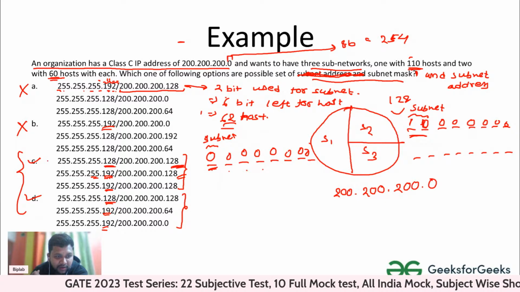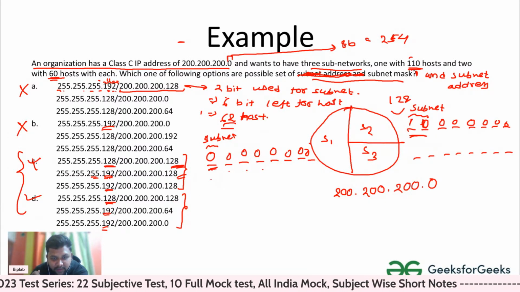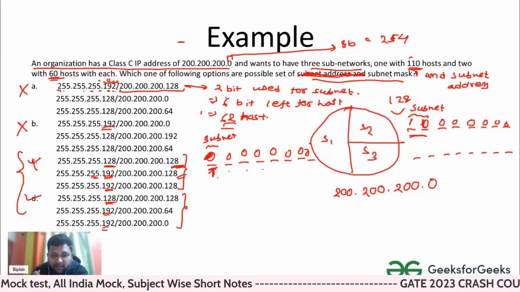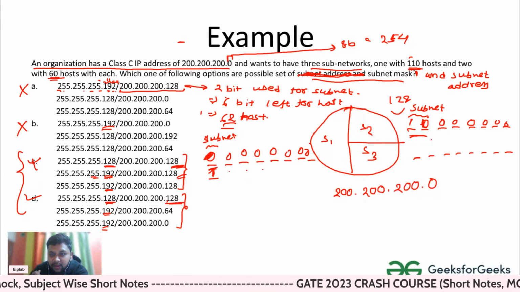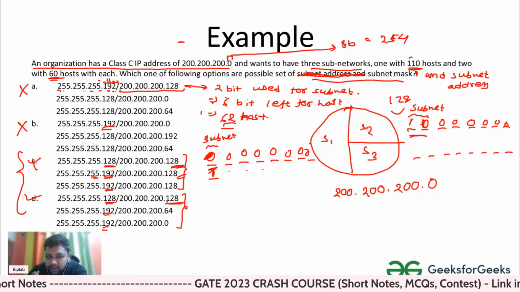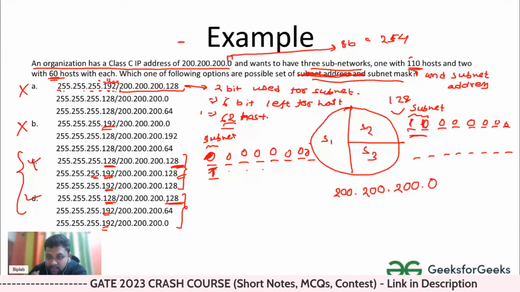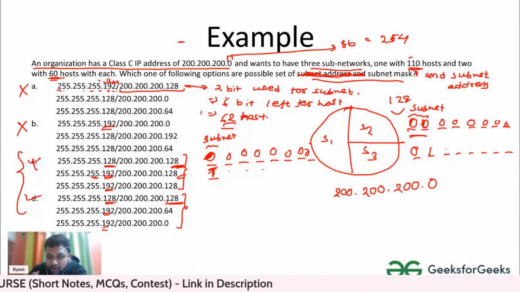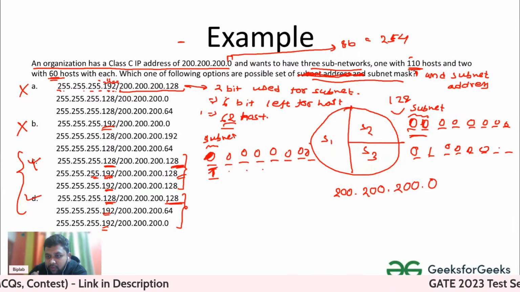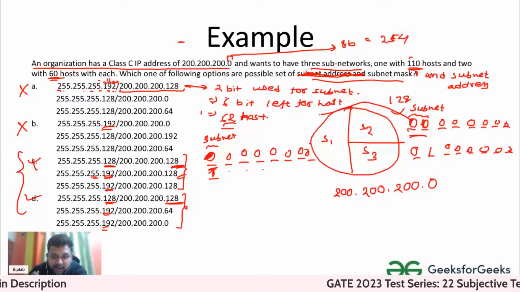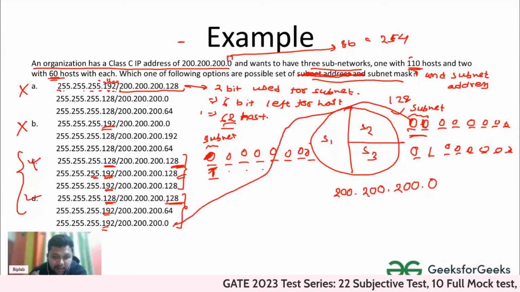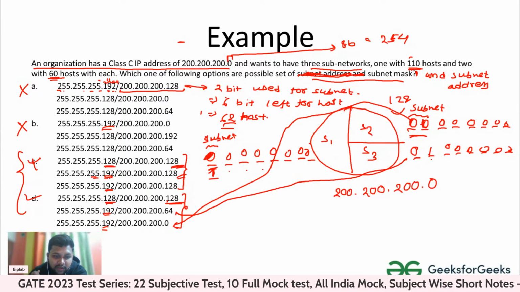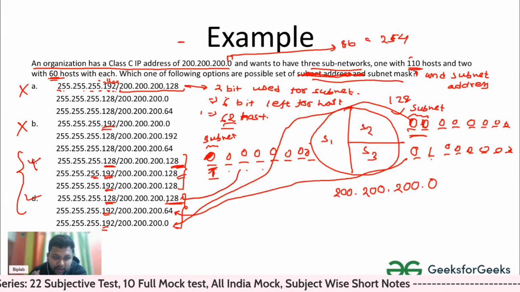That's why the last one is correct, because here you are putting 1 here, so you have 128 in the last octet. In S2 you are putting 0 here, but the first 2 bits can be 00 or 01 in S2 and S3. When all are 0, that is the case of this, and when these are 1, this is 64, which is this.